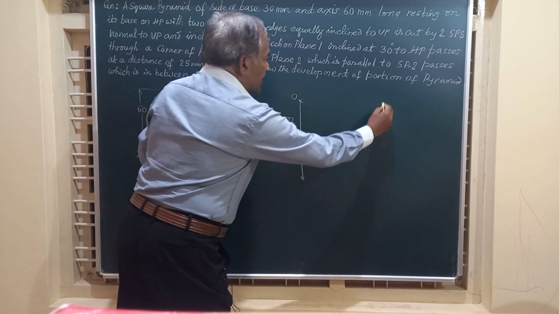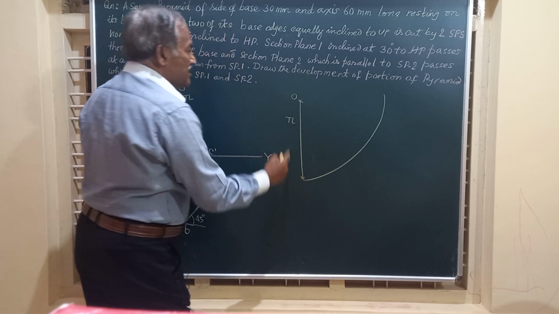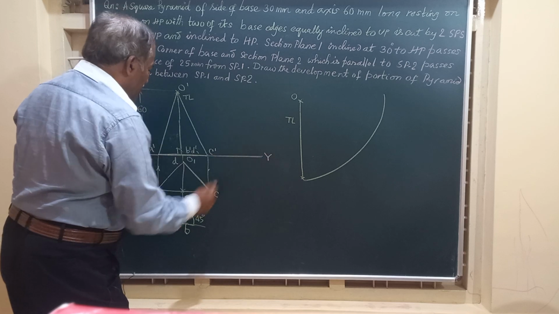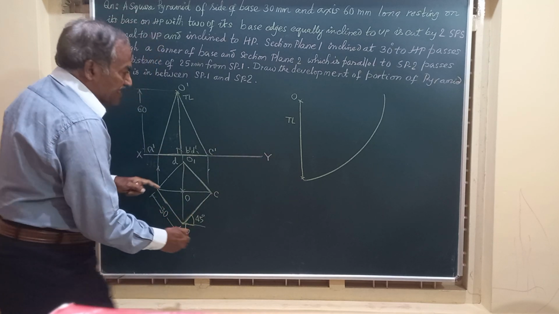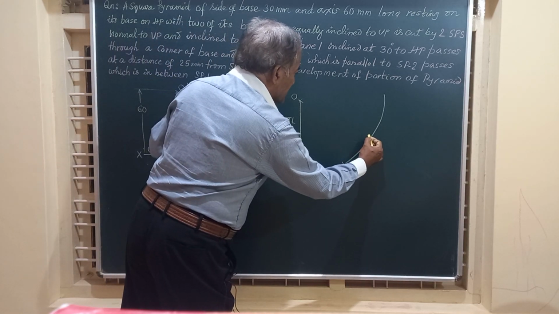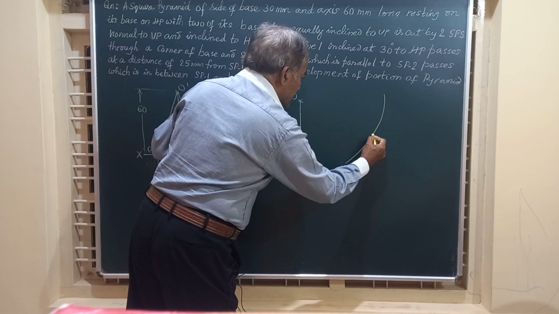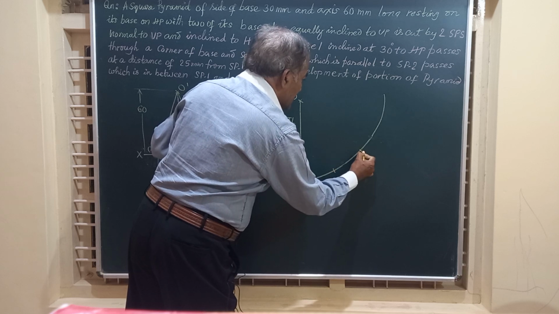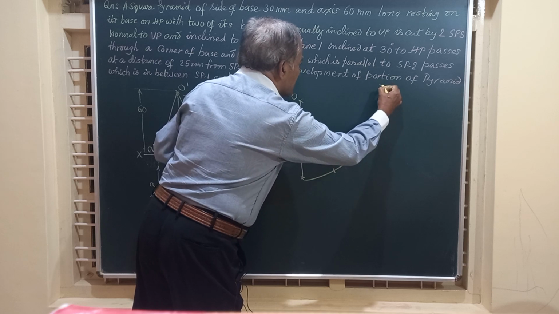Friends, I am going to draw an arc from the end of this, and on this arc I am going to step off four distances, each measuring 30. So from here I will take 30, 30, this is 30, and this distance 30.